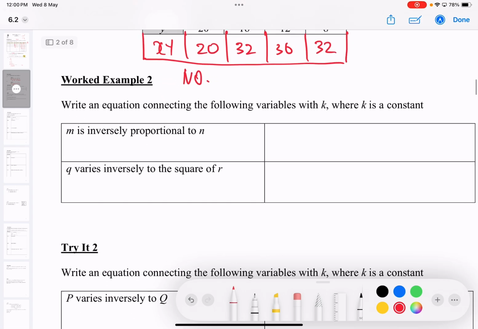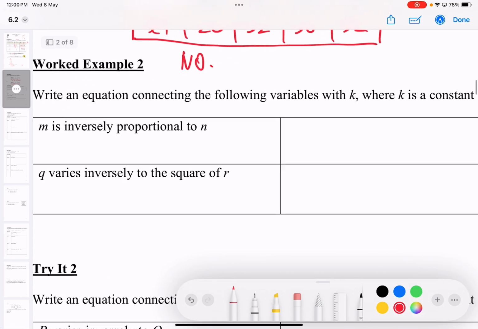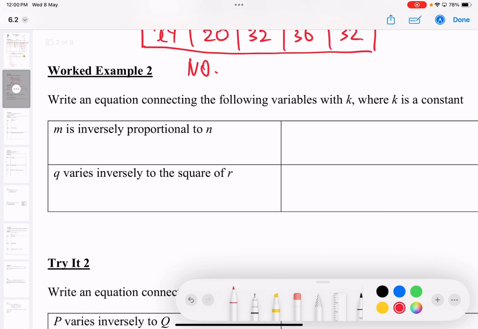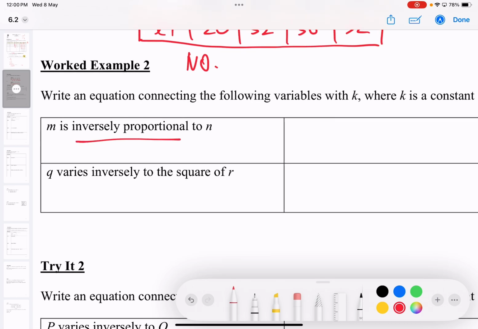Alright, let's go to worked example number 2. Now this is when there are some slight changes that you need to be very familiar with. Yesterday we learned how to change a mathematical statement into a mathematical equation, right? So this is what we're going to do now also, but now we are introduced to the word inversely proportional.